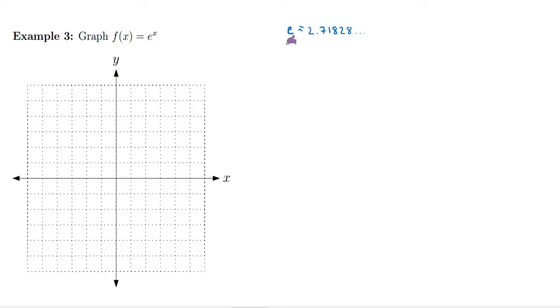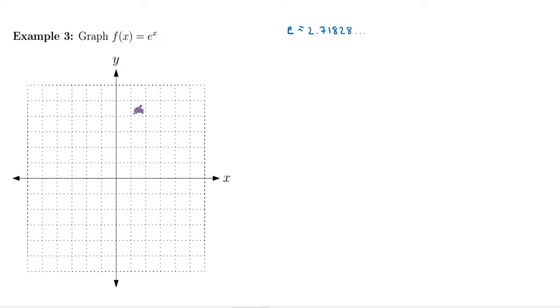E comes up in several contexts, but it's really defined naturally through calculus. But it's a very important base, as we'll see in an application very soon, and it'll come up in compounding interest.